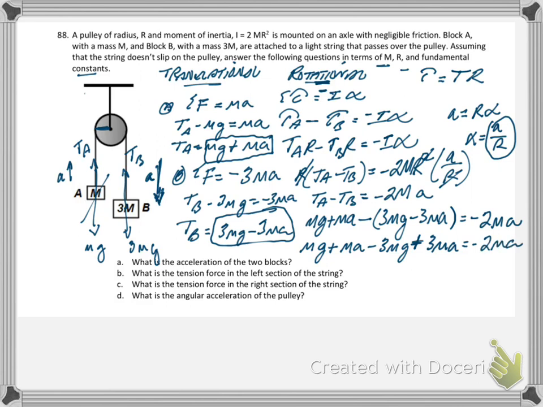Putting any term that has the acceleration on the right side and keeping anything with g on the left, we have negative 2mg equals negative 6ma. If we have a negative on each side, they become positive. We can divide both sides by mass, so the mass disappears. Solving for acceleration, we have a equals 2/6 g, or g over 3.